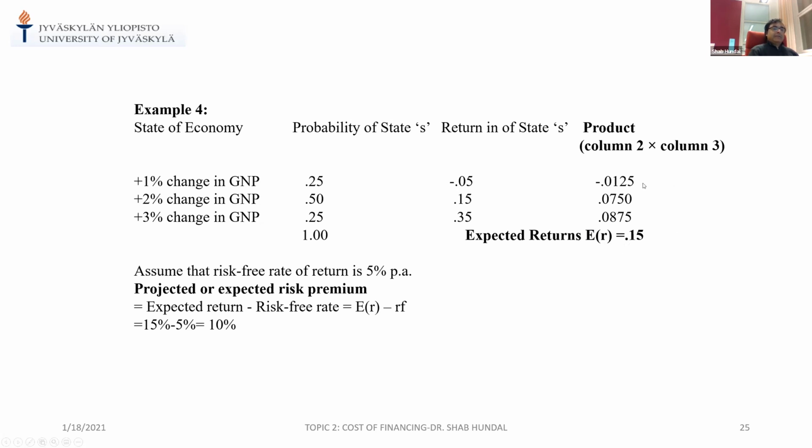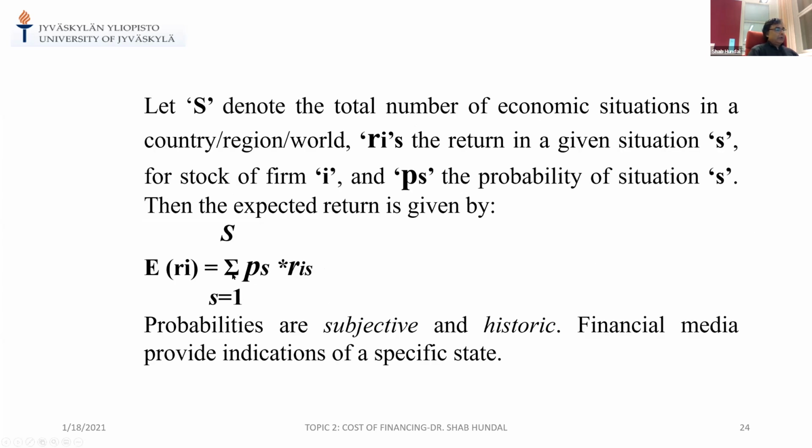Now, where does this formula come from? This is the probability of state s, times the return of the ith company in state s. And when we keep multiplying them, we find the sigma, the Greek letter for summation, adding up the three situations, so here the situations are 1 to 3.